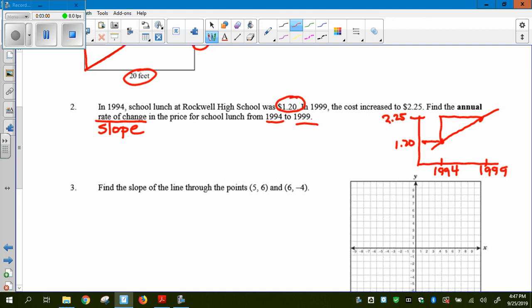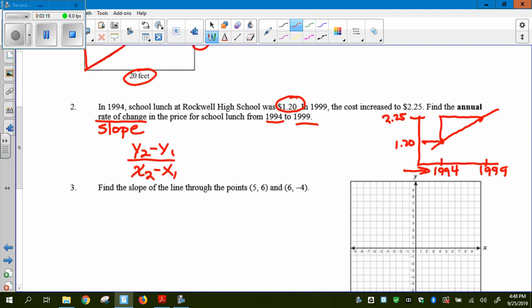To do this, we're going to use the slope formula. We're going to subtract the y's. And from the graph, you can see that I'm going to call the prices the y's. And that makes sense, because usually time goes on the x-axis, from left to right.